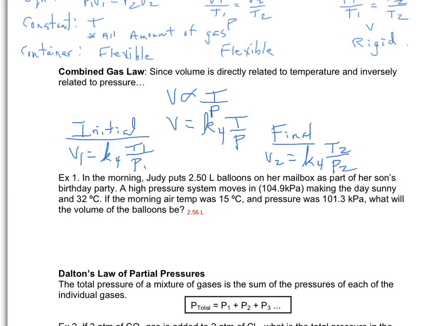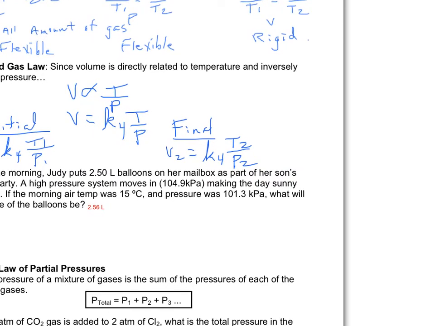Now K4 is the same, and it's the same value because we didn't open the balloon and change the type of gas that we have. I can rearrange these equations so it says K4 equals. For the initial conditions, it would equal P1V1 over T1 equals K4.